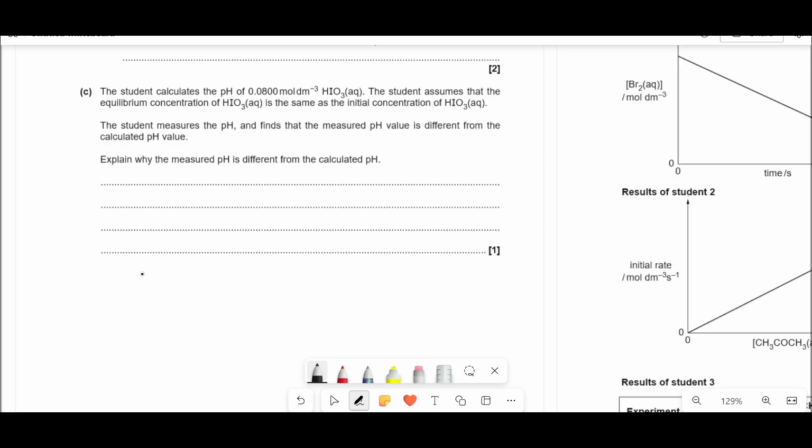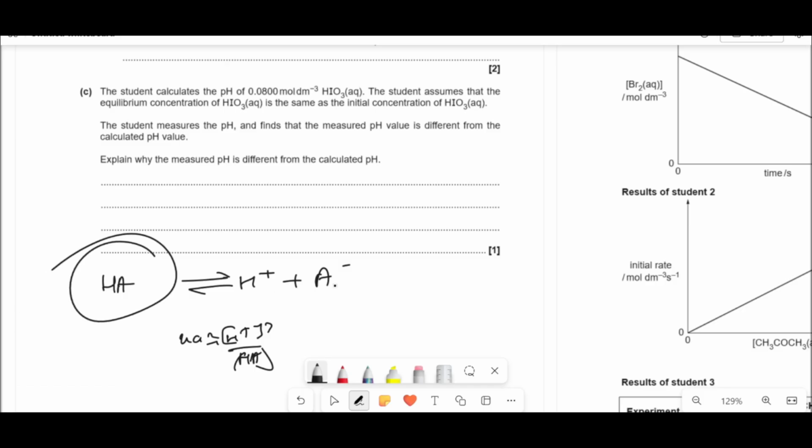So clearly, remember that every acid in the universe does this. Before, I said that you could do Ka is roughly H plus squared over HA, because in weak acids the equilibrium is so far to the left, there's barely any of this going on. However, they've just told you in the question they measure the pH and it is different from the calculated pH.